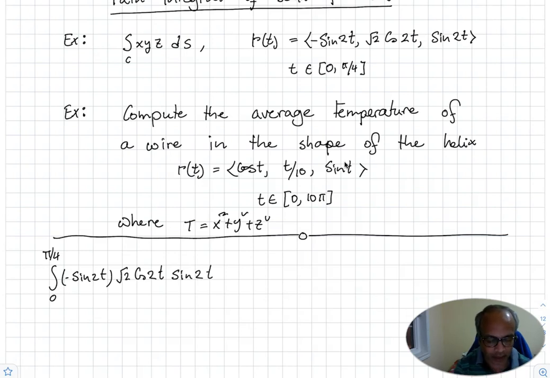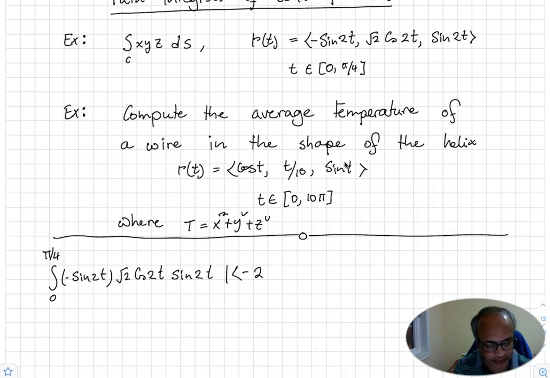Okay, so ds, which is the arc length, is the magnitude of the derivative of r, or r prime t. So let's write down here r prime t, which is the derivative of r. So r is here.